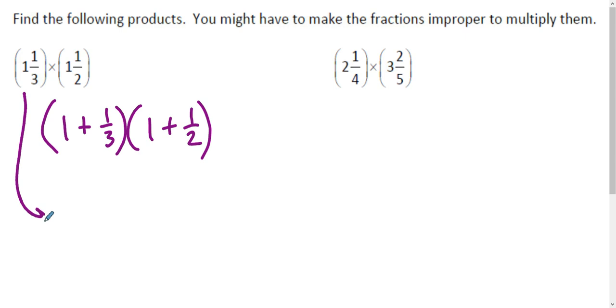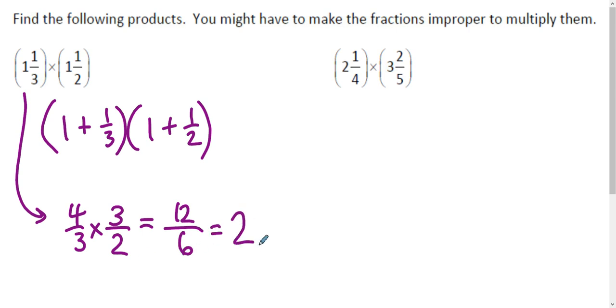I teach people to recognize that 1 and 1/3, that's the same as 4/3. And 1 and 1/2, that's the same as 3/2. And then we can multiply across, multiply across, and 12 divided by 6 is 2.